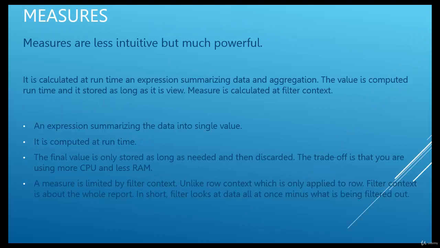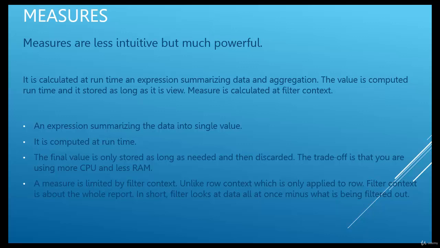Measures are less intuitive than calculated columns, but they are much more powerful. They are very dynamic, calculated at runtime, and summarize the data or give an aggregated value. The value is computed and stored as a view.